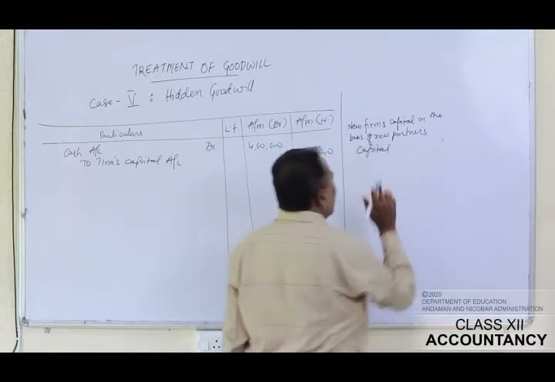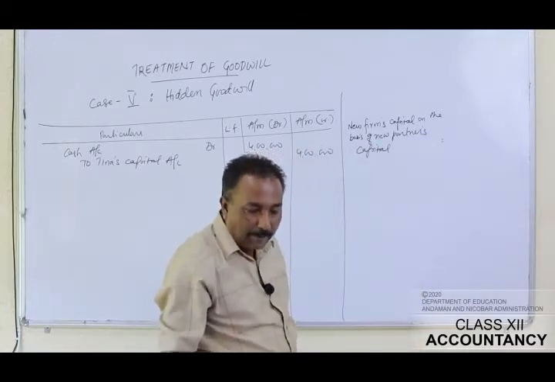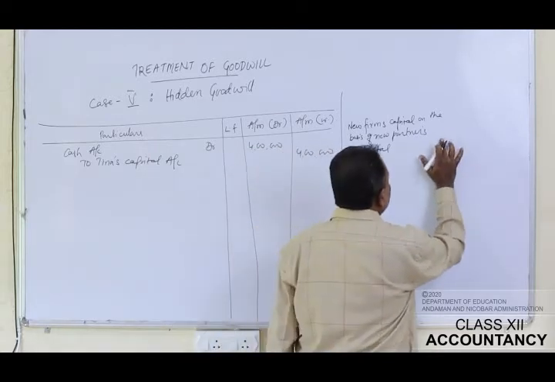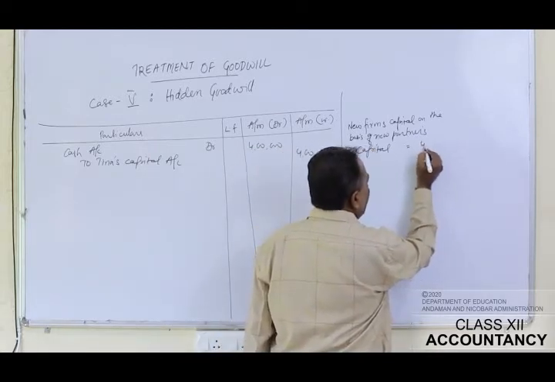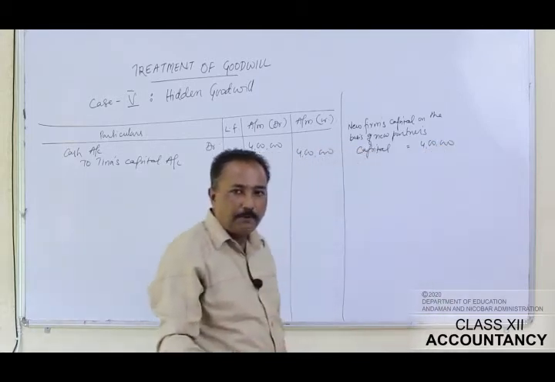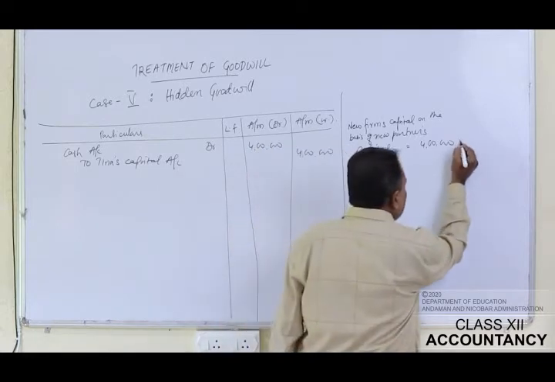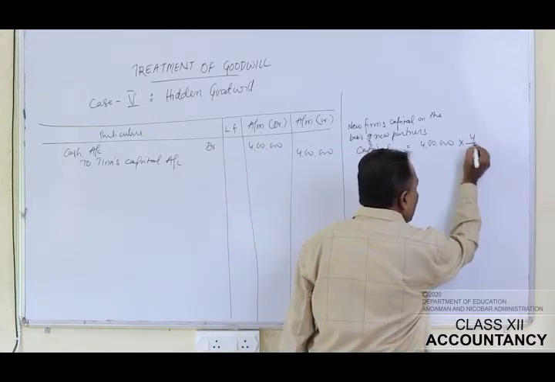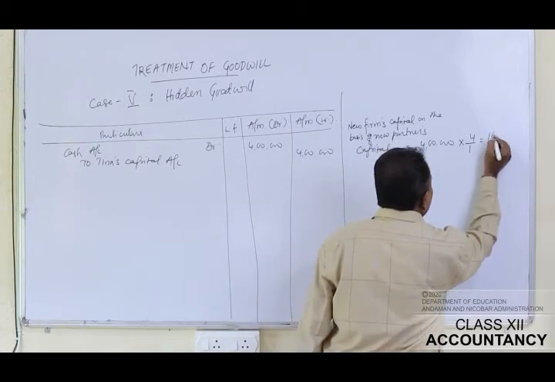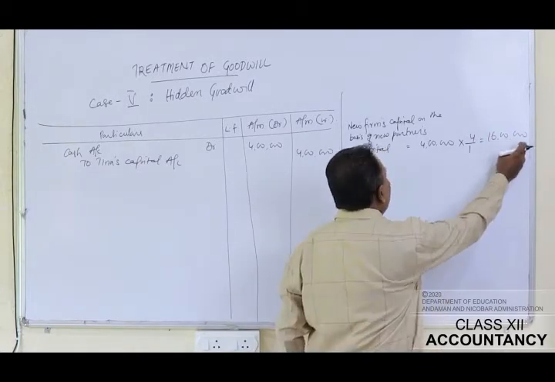Now, what is the amount of capital that is brought in by Tina? It was rupees 4 lakh. And what was her share in the profit? Her share in the profit was 1/4. Take the reciprocal of that share in the profit. After calculating, we will get rupees 16 lakh.